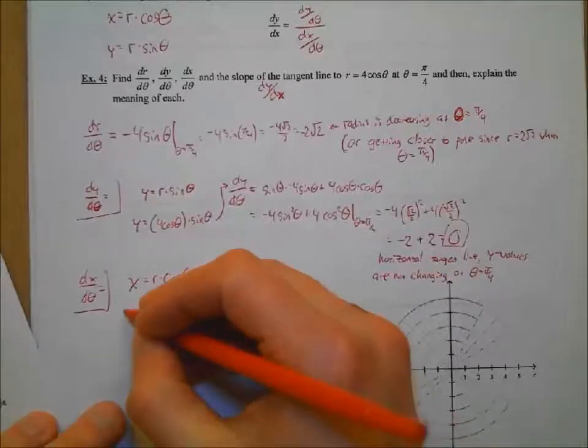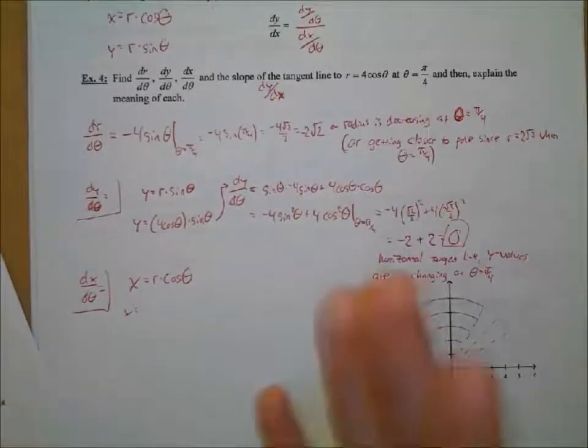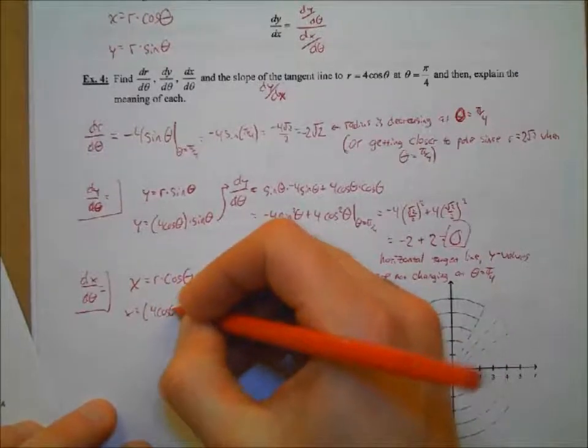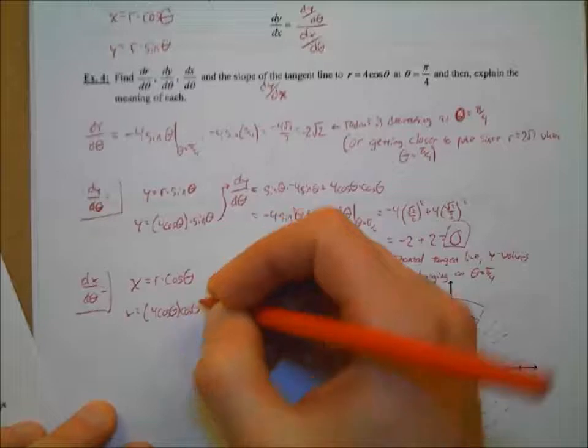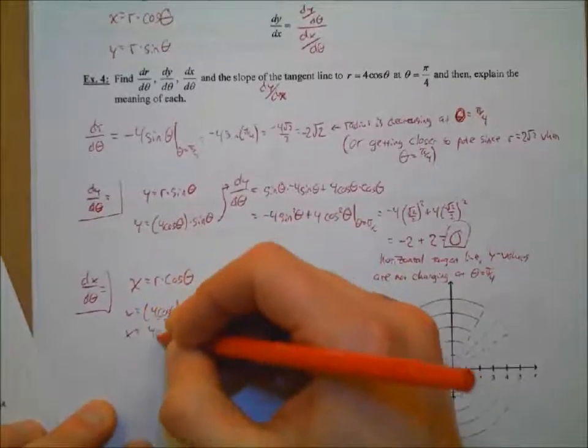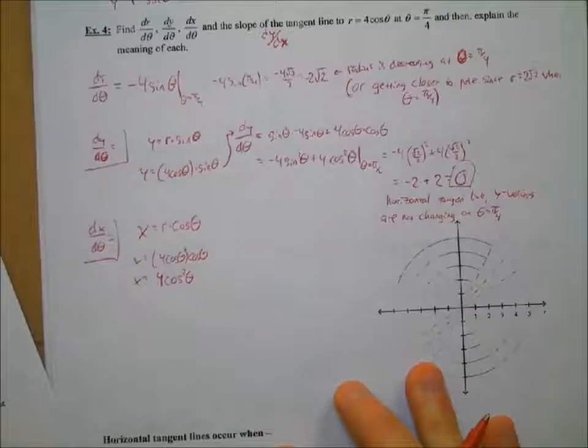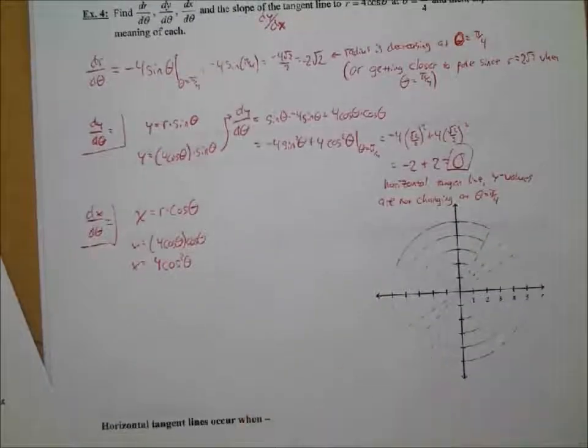So you're going to substitute that in, and then you'll have everything in terms of theta, so you can take the derivative. If you want to simplify your original x in terms of theta, feel free to do that. Make it cosine squared. But go ahead and take the derivative there, see what you come up with. And then try to think about how you would explain the meaning of that value that you find when you evaluate at pi/4.